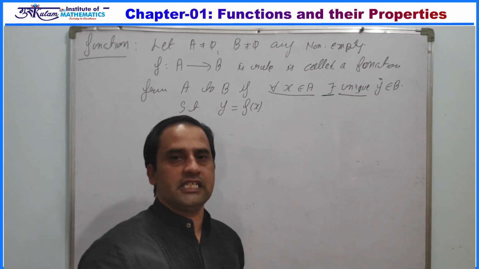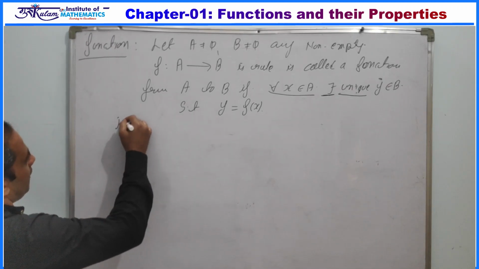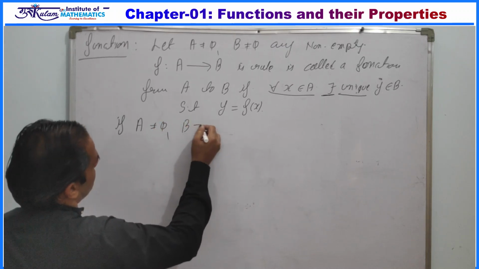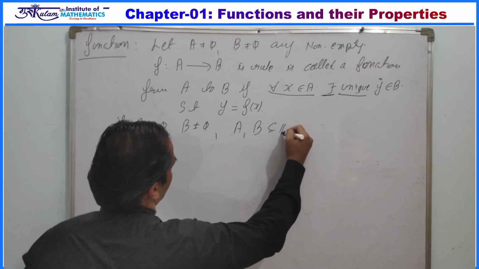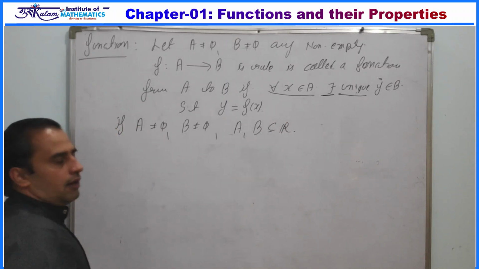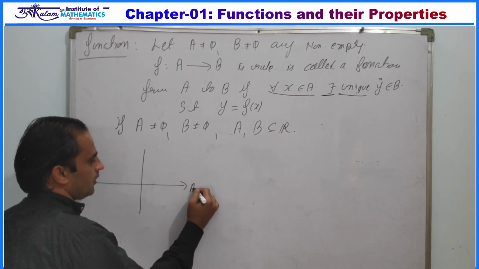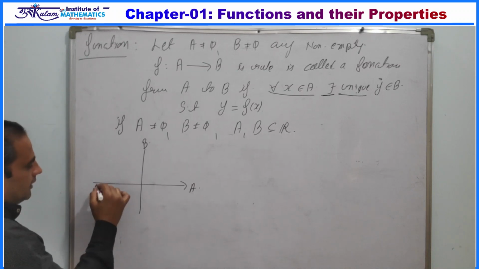Next is the geometrical meaning of the function. Suppose A is a non-empty set, B is also a non-empty set, and assume that A and B are subsets of the real line. If we represent A on the x-axis and B on the y-axis, let's take an example.